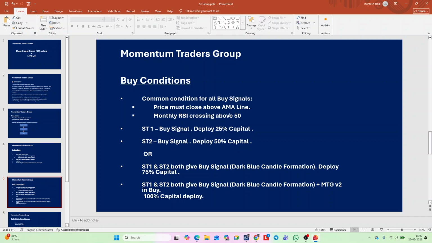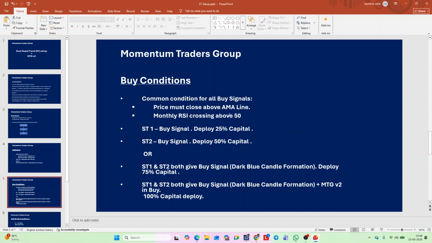And what is our criteria? When the first signal comes, ST1, the first super trend, gives the buy signal, you can deploy your 25% tranche of capital. Say for example, if you have 1 lakh rupees and you want to buy shares of 1 lakh of a particular stock, 25% is 25,000.